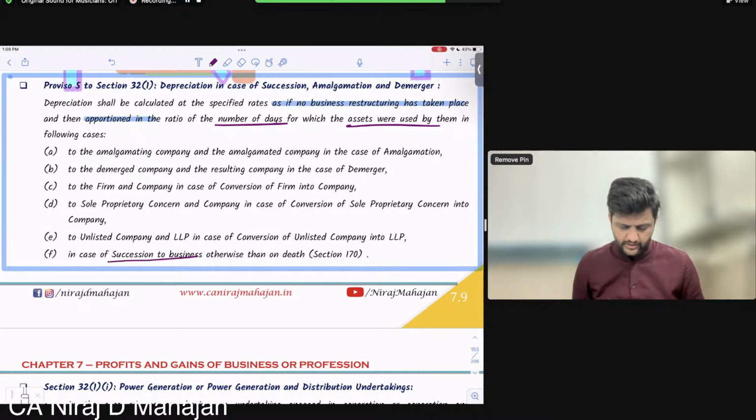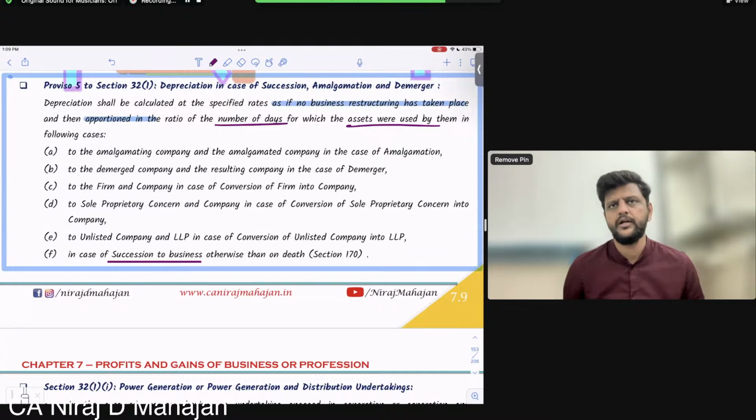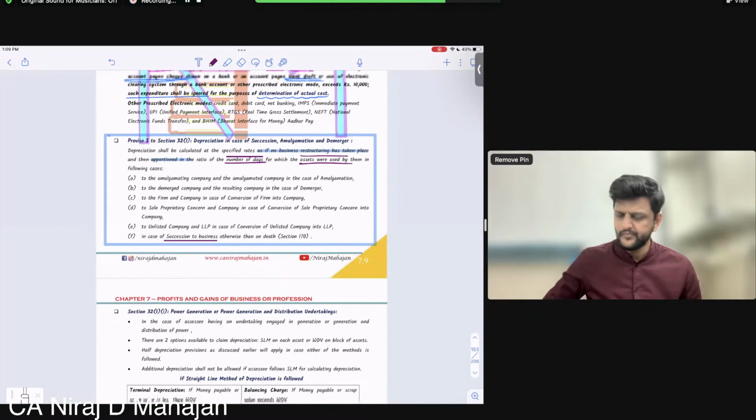Succession to business, but not because of death. Succession means passing over to somebody else. Basically, what is most important for us? Calculate for the entire year whatever the depreciation and apportion based on number of days. Clear till here? Come to question number 3.